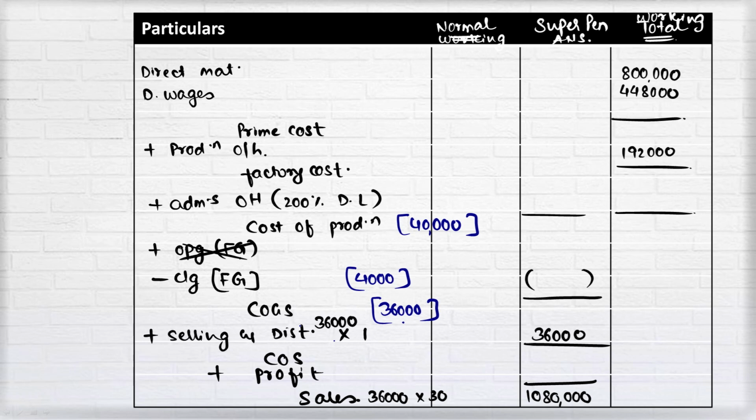And now we are talking only about super pen. Alright. I am segregating direct material 8 lakhs rupees into normal and super pen.